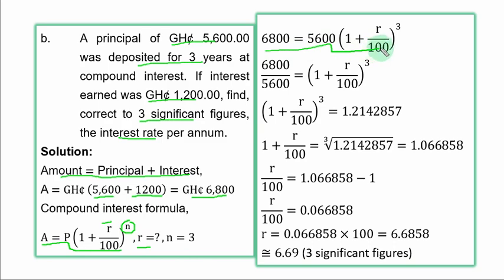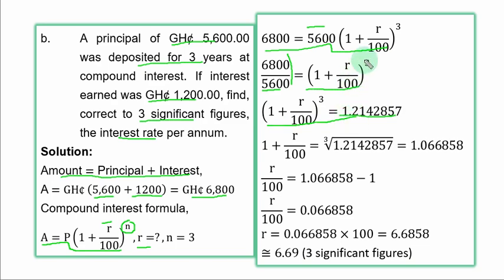Next thing is to simplify. First, let's divide through by this. So you have 6800 over 5600 equal to what you have here. Now if you divide this term, you have this. So the right hand side is equal to the left hand side.